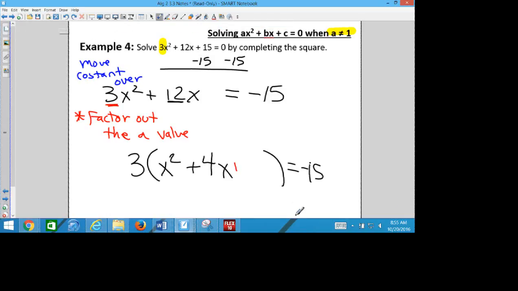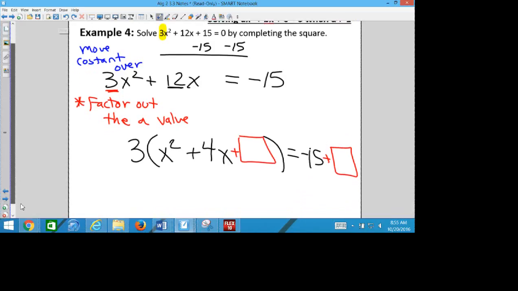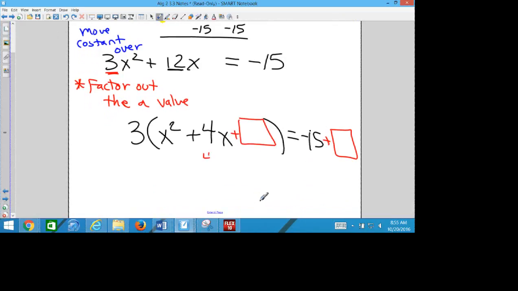The reason why I left a space is now we're going to complete the square inside the parentheses. So we're going to do 4 divided by 2 squared. We're using this new b value. So 4 divided by 2 squared is 4.